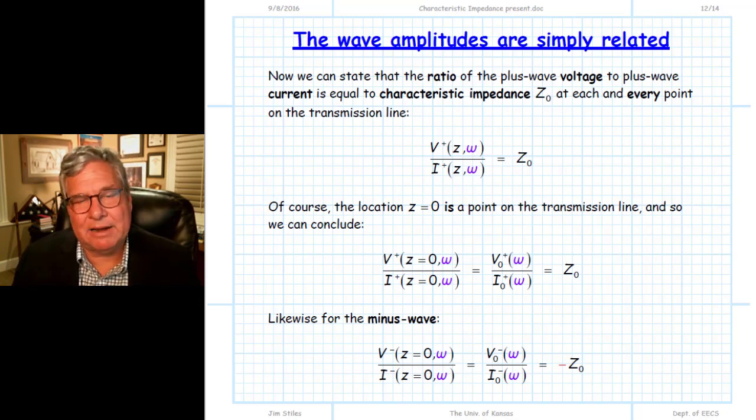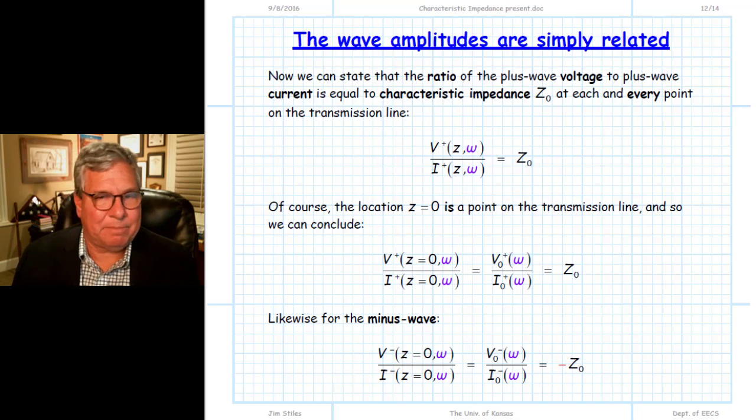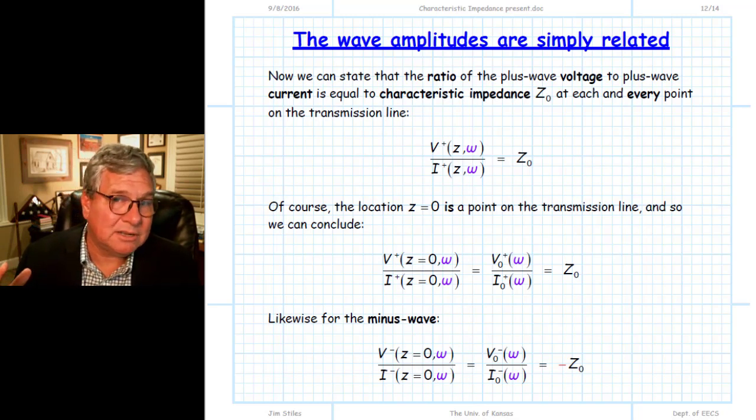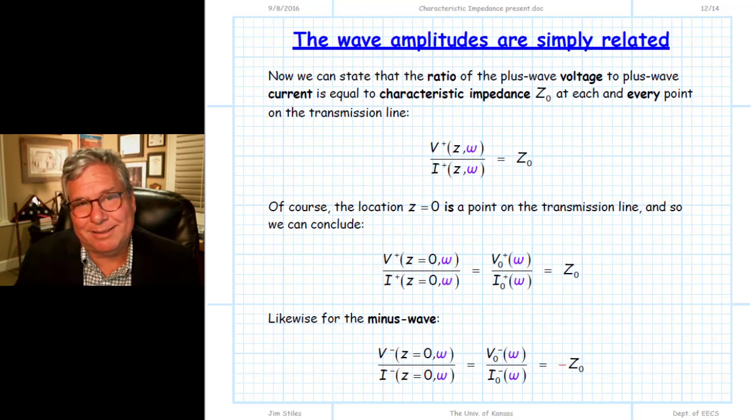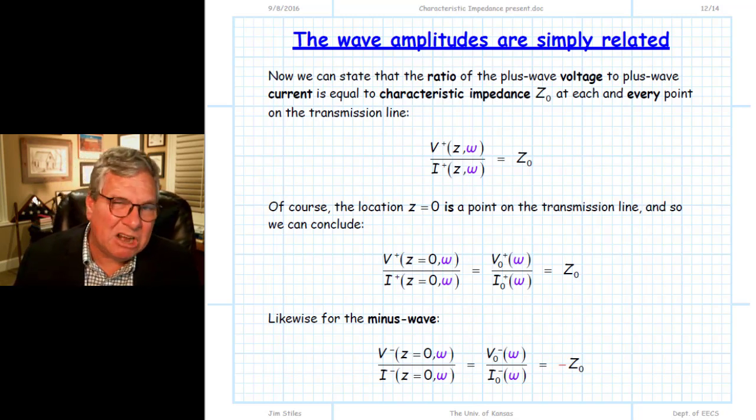If I have an electromagnetic wave of a certain power, and I propagate it down the line, does it create more voltage and less current than some other transmission line, or does it create more current but less voltage than a different transmission line with the same propagating wave and the same power? What is the characteristic of the transmission line in that? How does it manifest itself? More current or more voltage as the wave propagates down the line?